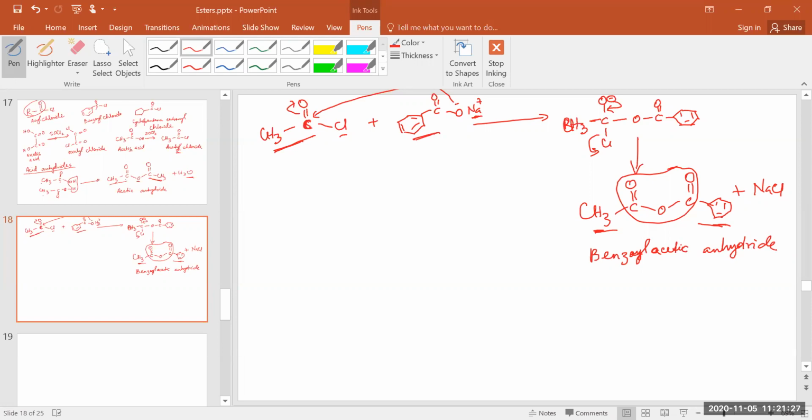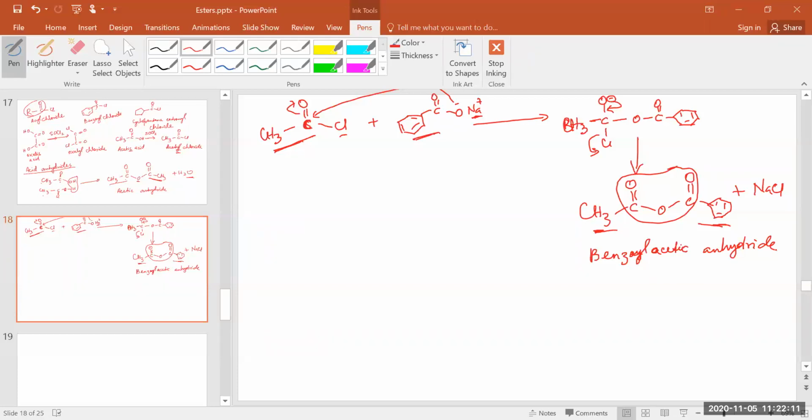This is when the anhydride is mixed. When it is symmetrical, you just take the name of the acid and it will give you the name. So now you know the synthesis: anhydrides are made by nucleophilic acyl substitution of acid chlorides with the salts. You can skip the nomenclature.